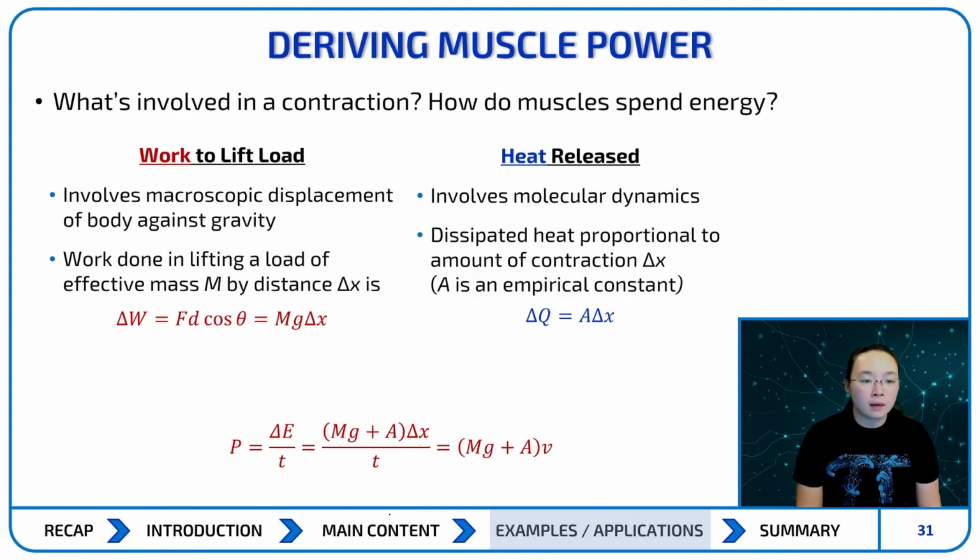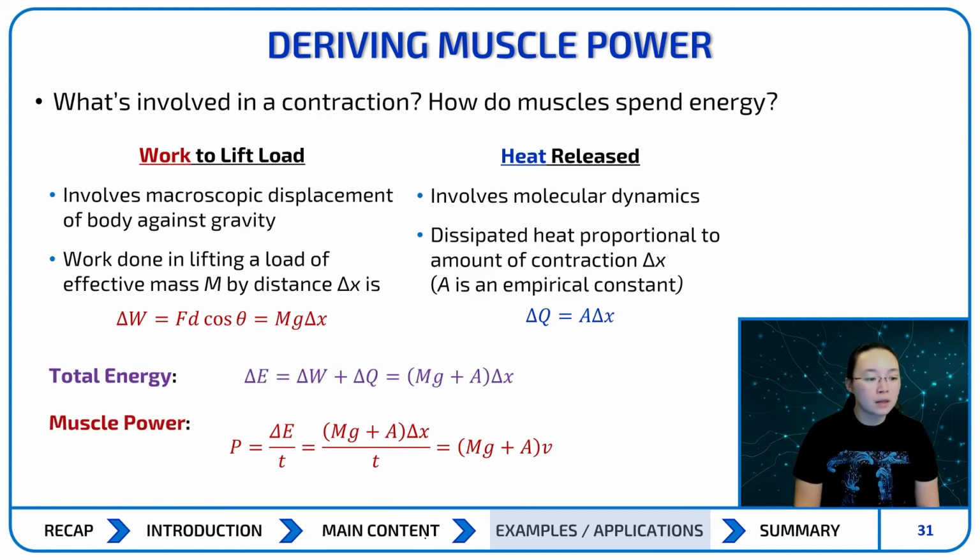So the heat Q is proportional to some constant A multiplied by the amount of contraction. So when I go to calculate the total energy, I have delta E, which is my total energy, equals delta W plus delta Q. And so I get mg plus A times delta x.